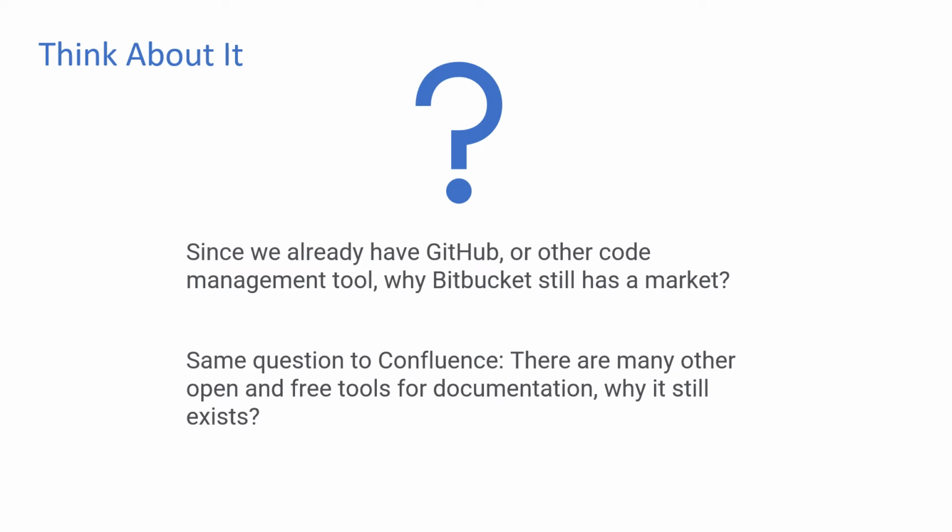Now, please pause the video and think about these two questions. Since we already have GitHub or other code management tools, why does Bitbucket still have a market? And there are many other open and free tools for documentation. Why does Confluence still exist?